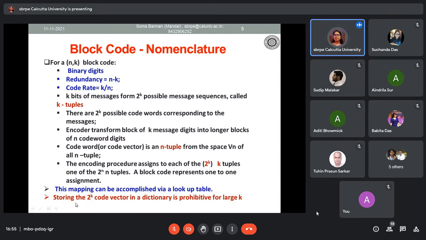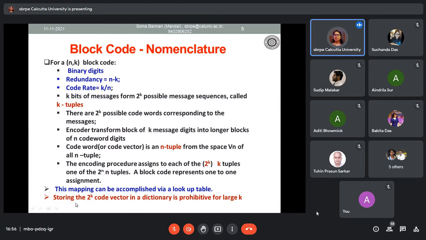So obviously n equals 4. So how many code word sequences? 2 to the power 4 equals 16. But the 2 to the power 3, that means 8 message sequences, can be uniquely represented from the 2 to the power 4, that means 16. Out of 16, only 8 you are using to uniquely code the 8 message sequences. This thing is clear, and this should be stored in a lookup table.